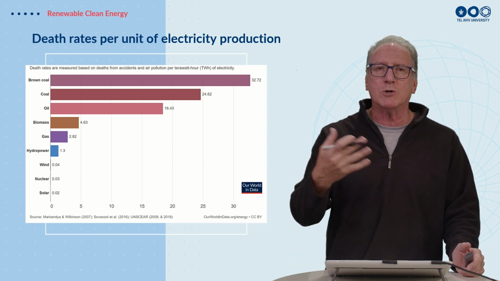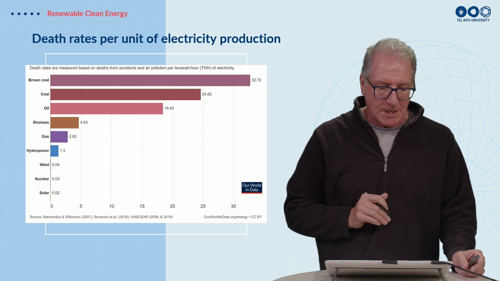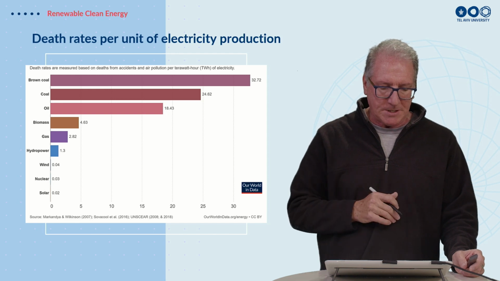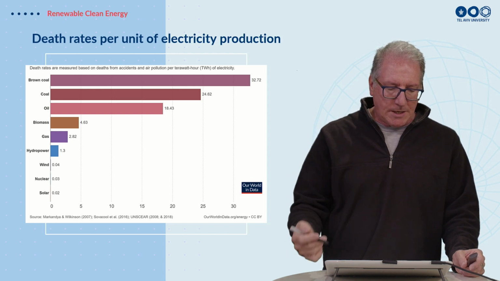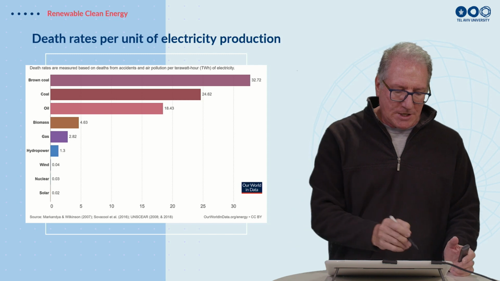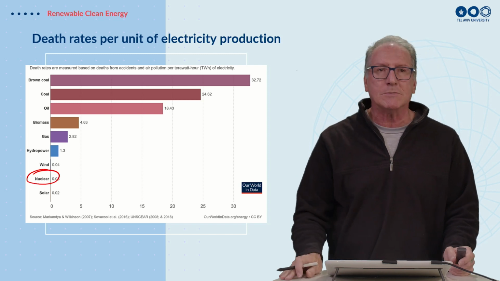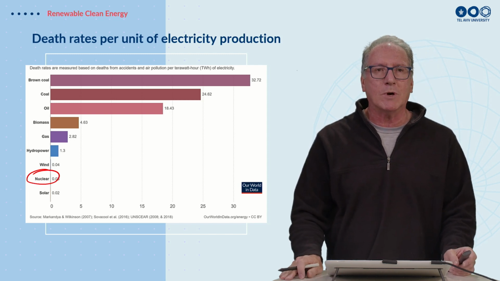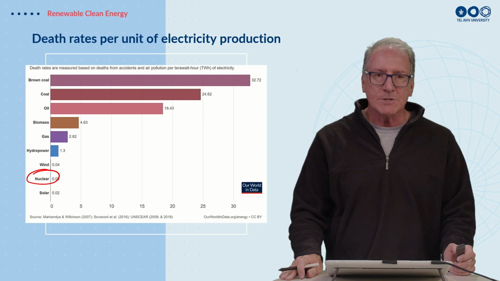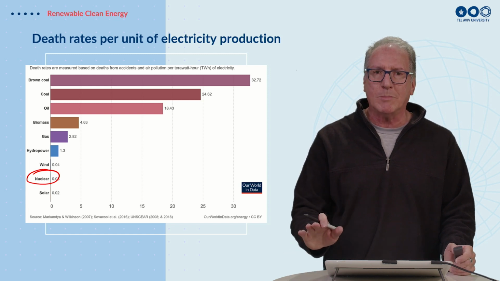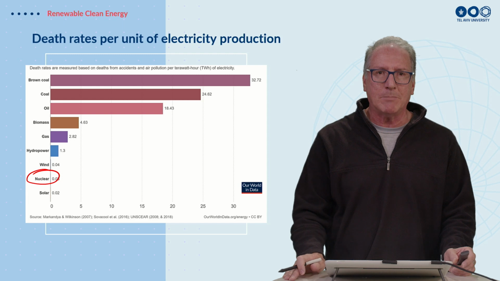So coal is the most dangerous when we're talking about public health and deaths. Then oil, biomass, gas, and you can see down here nuclear, which is at the same level more or less as solar. So it's extremely safe when we're talking about public health and public safety.